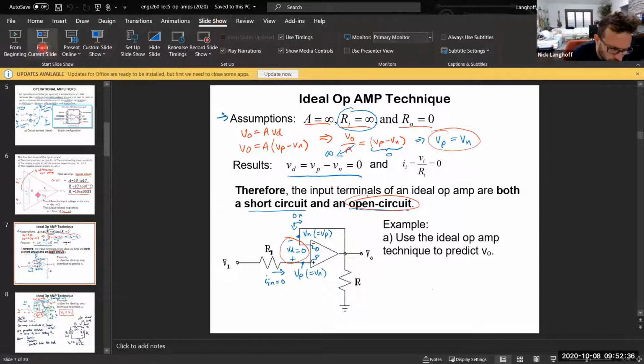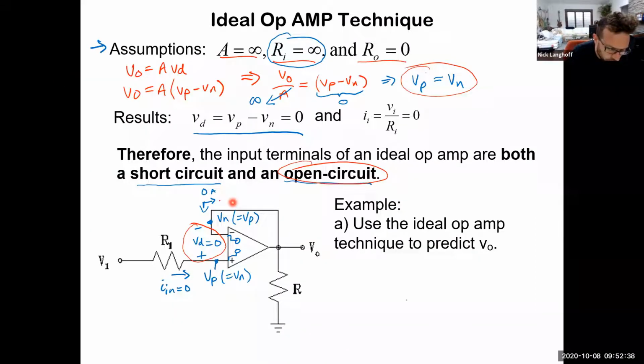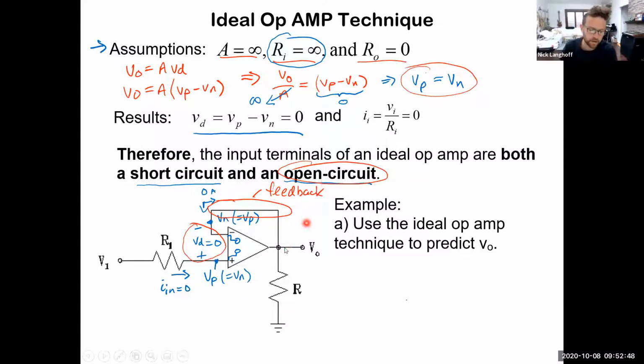Let's just go from the current slide. This path right here is called a feedback path. It is in fact negative feedback, because it takes the output voltage and runs it back into the negative terminal, the inverting terminal.